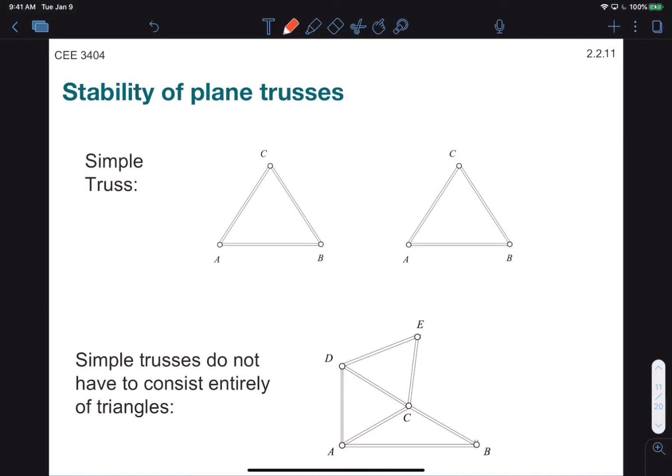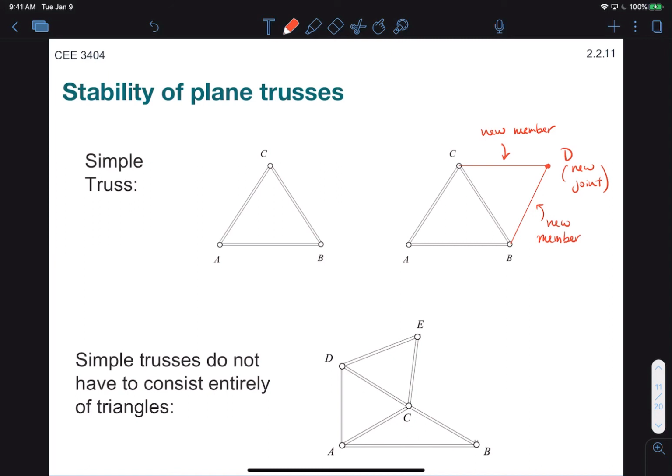So I'll add a new joint D, and new members. And as long as we add one new joint and two new members, we'll preserve the simple truss and stability. Keep in mind that simple trusses do not have to be built entirely off of triangles. You just need to fulfill this rule of one new joint for every two members.